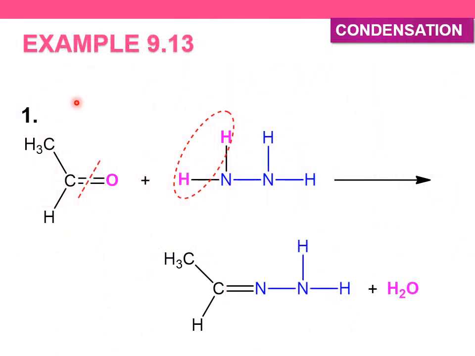Let's do example 9.13, question number 1. This is ethanal. It is going to react with hydrazine. So we are going to take off oxygen from the carbonyl group and 2 hydrogens from the hydrazine. It is going to form a hydrazone. So you attach the carbonyl compound part directly to the end that lost its 2 hydrogens.